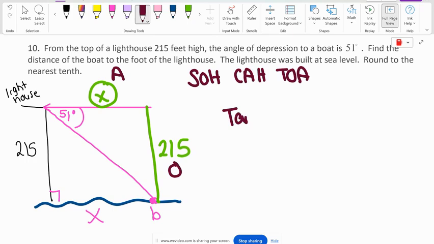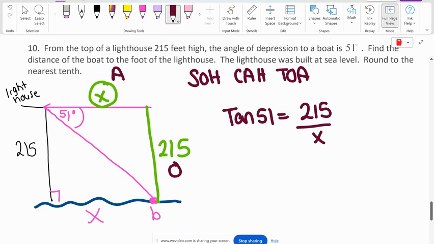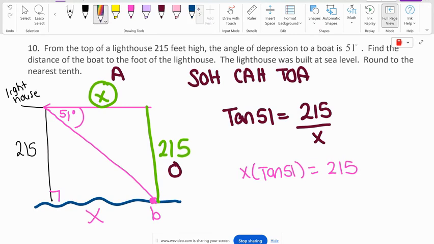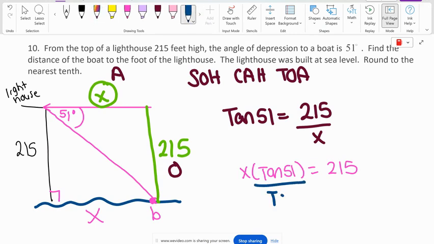So we're going to say tangent of 51 is equal to 215 over x. I cannot leave that x in the denominator, so I multiply by x on both sides. So we're going to have x times the tangent of 51 equals 215. And now we divide by the tangent of 51.